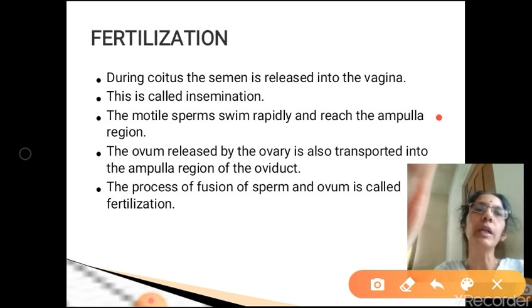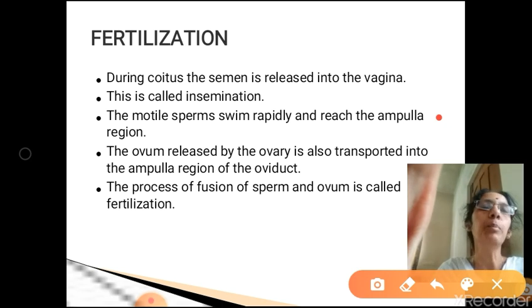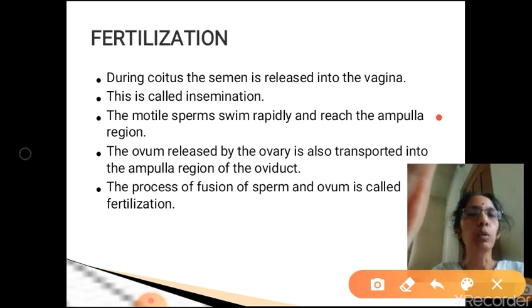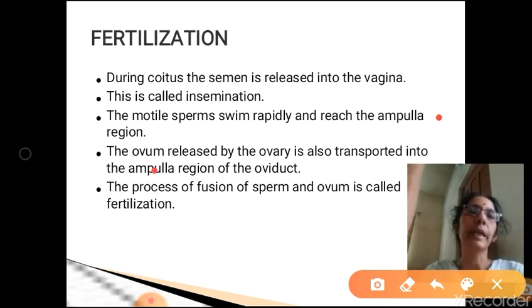Just above the infundibulum, which region is present? The ampulla region is present. So, after insemination, the sperm reaches the ampulla region of the oviduct. Now, the ovum released by the ovary also reaches the ampulla region of the oviduct.